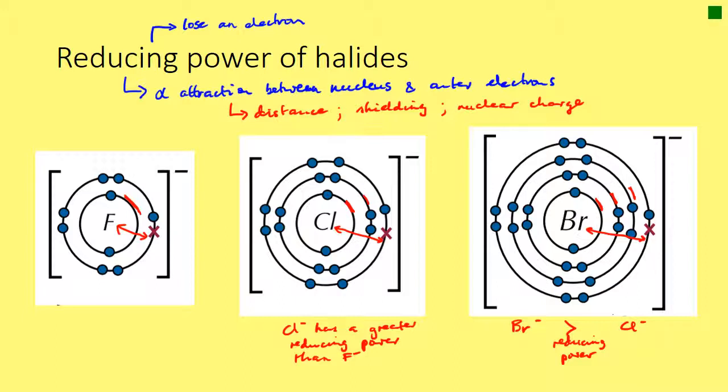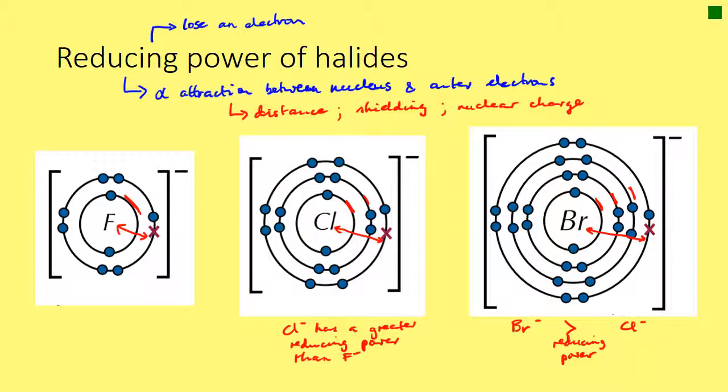Whereas if we look at chloride, the distance between the nucleus and the outer electrons has increased, so the attraction is going to be less because of that.